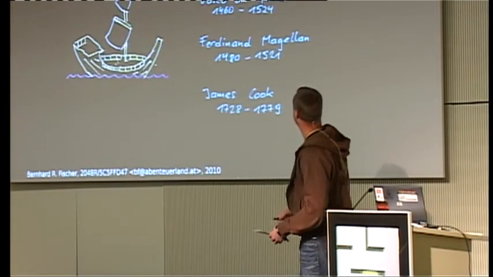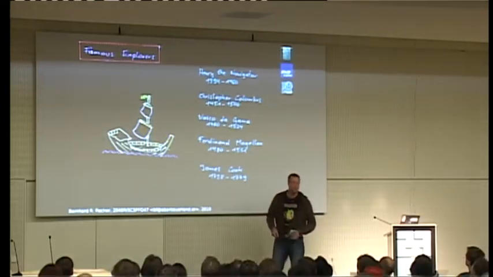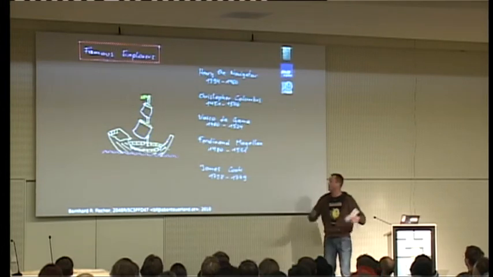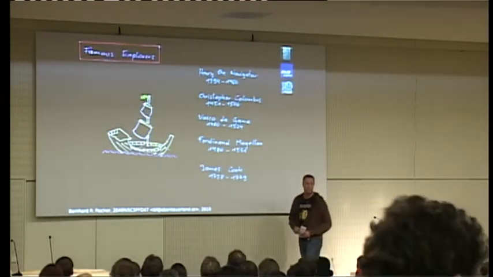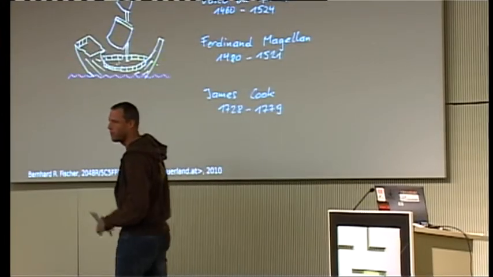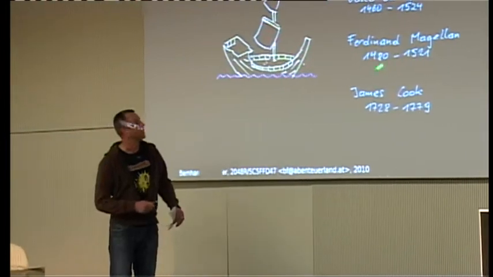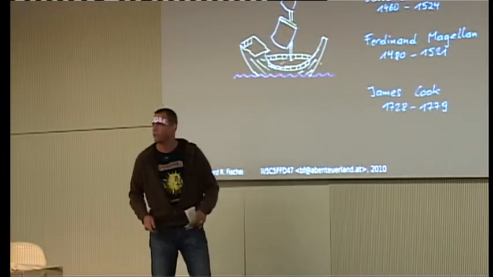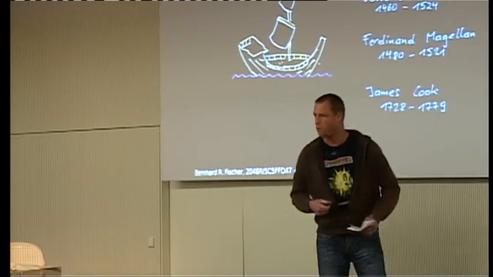Then we have Christopher Columbus. I think most of you know him. He discovered, accidentally, something. It was not America, but okay, we know. Then we have Vasco da Gama. He actually found the way to India, which was the goal of Columbus. Then we have Ferdinand Magellan, who was the first captain to circumnavigate the whole globe.